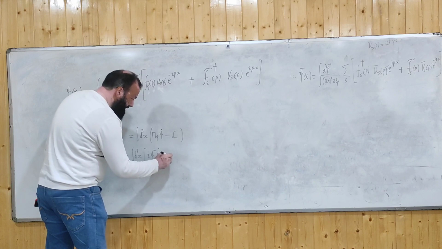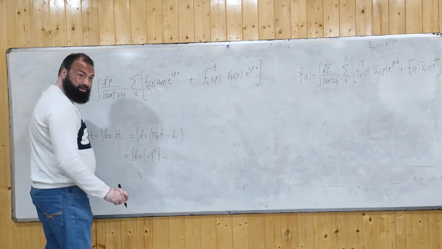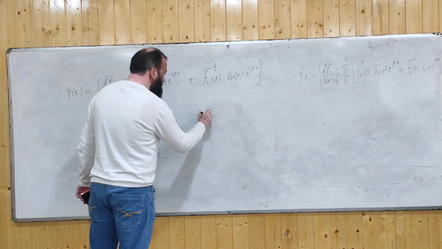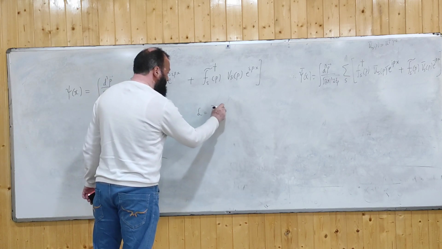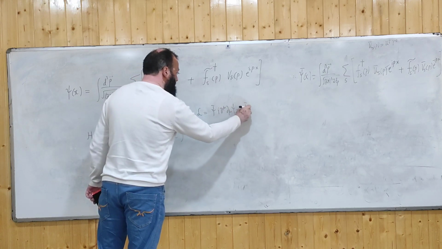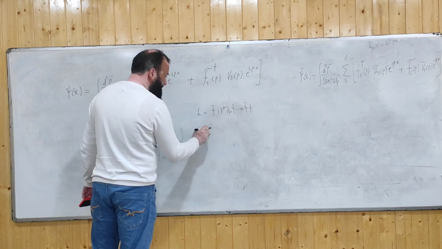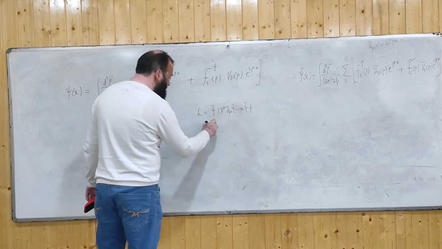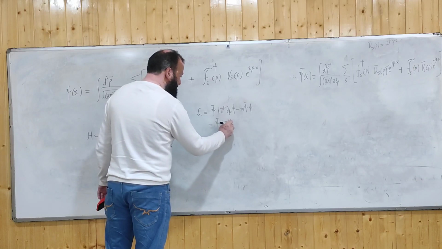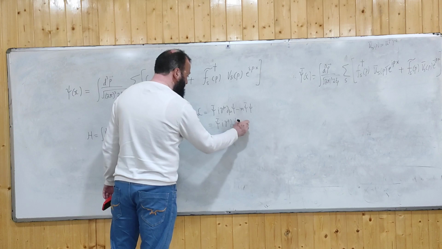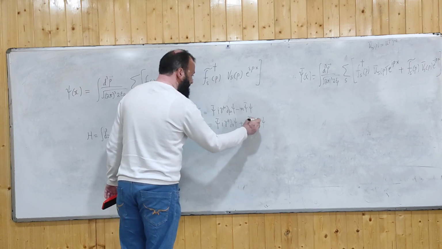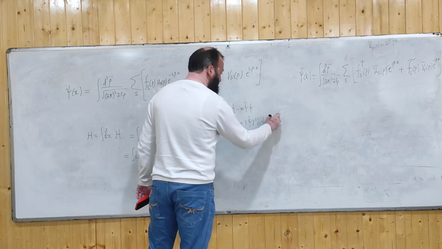What is L? What was L? Psi bar i gamma mu partial mu psi minus m psi bar psi. So let's write it. It will be psi bar, so i gamma 0 partial 0 psi plus i psi bar gamma i partial i psi minus m psi bar psi.